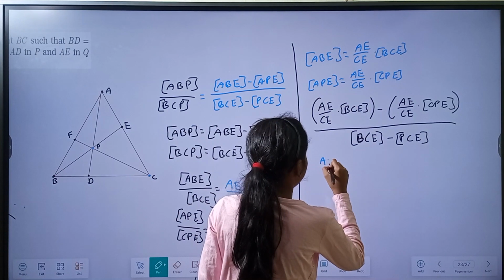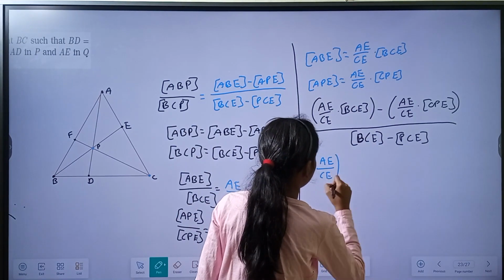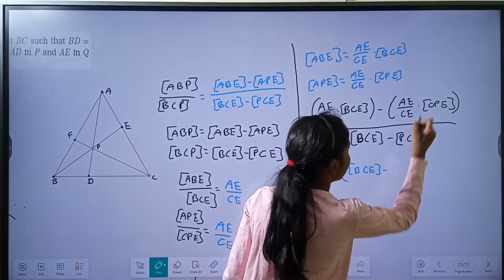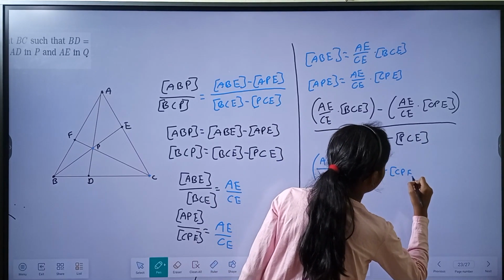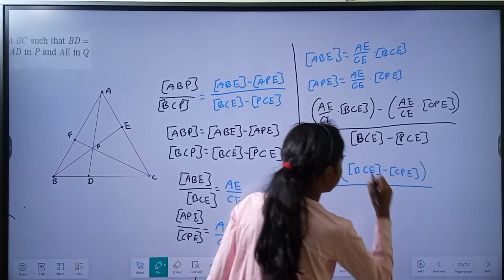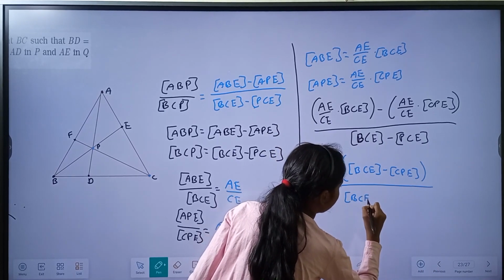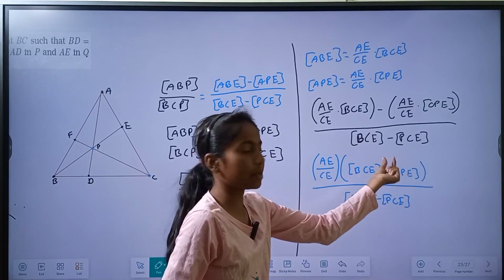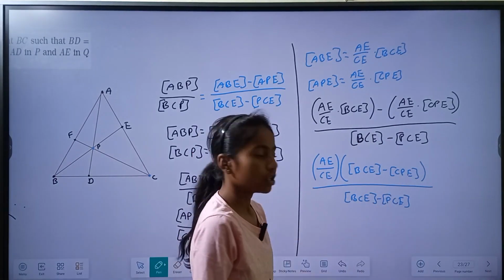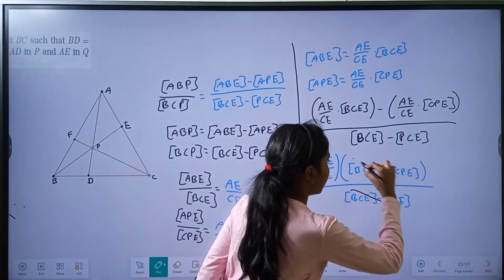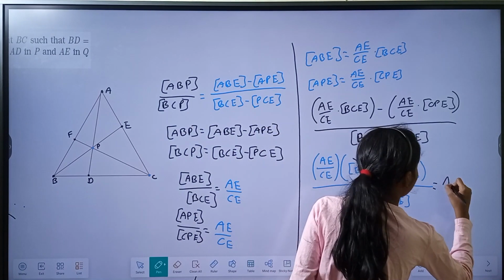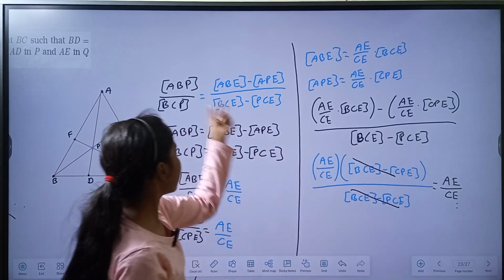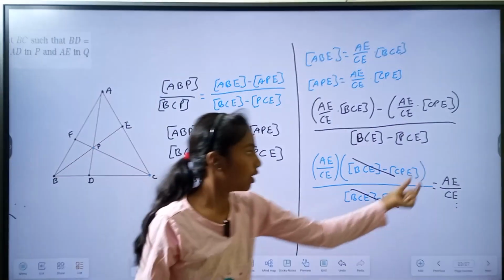We get AE by CE into BCE minus CPE as the numerator, and the denominator remains BCE minus PCE. BCE minus CPE and BCE minus PCE are equal, so we can cancel them. We get the value AE divided by CE. So the ratio of triangles ABP divided by BCP equals AE by CE.